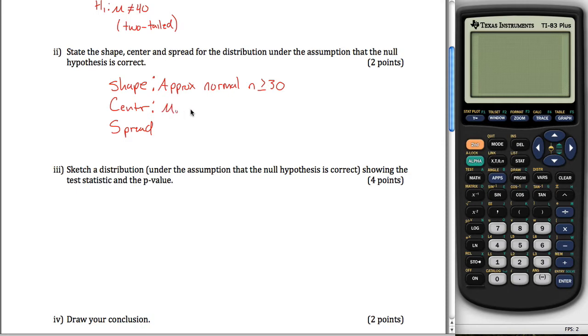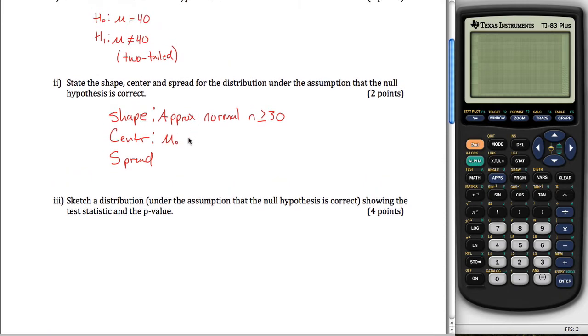The center, we're going to use mu naught for the center because we assume the null hypothesis is correct, and the null hypothesis says that mu equals mu naught. So our center is mu naught, which is 40. And our spread, sigma sub x bar, is sigma divided by the square root of n. Nope, that's not true. We don't have a sigma. It can't be sigma over root n. It's s over root n.